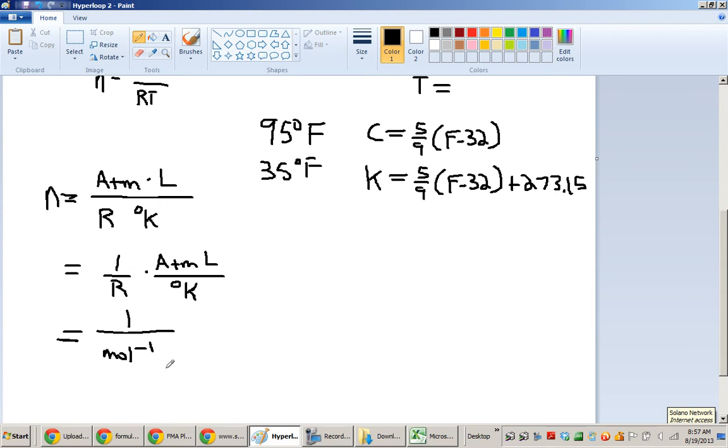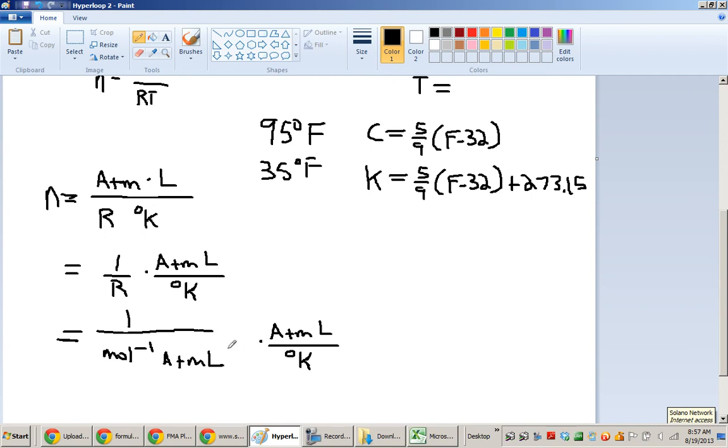And I need to have atm to cancel all the existing stuff from the other units. Let me drag that down. And I need to have liters. And I need to have inverse Kelvin, right?